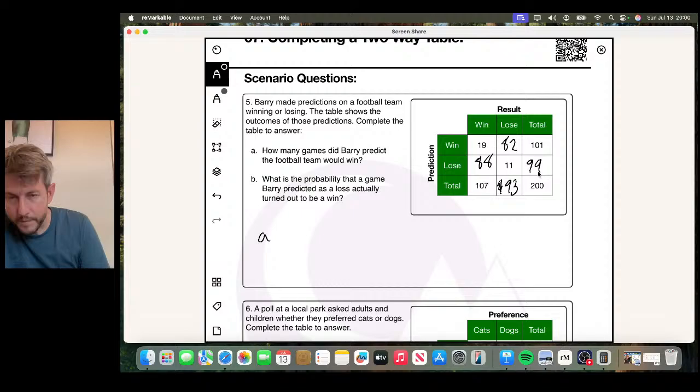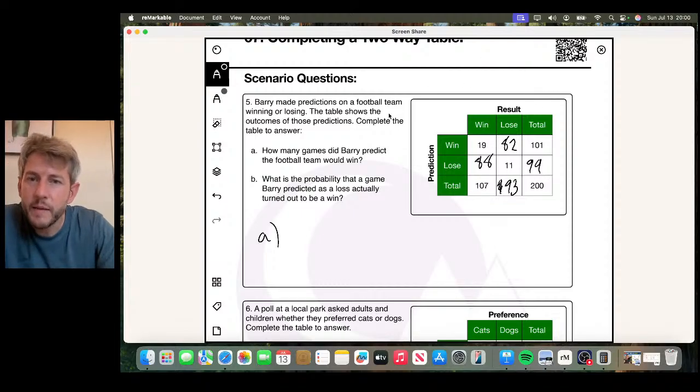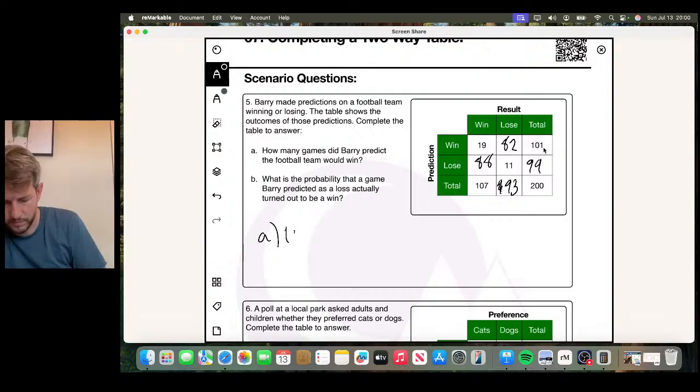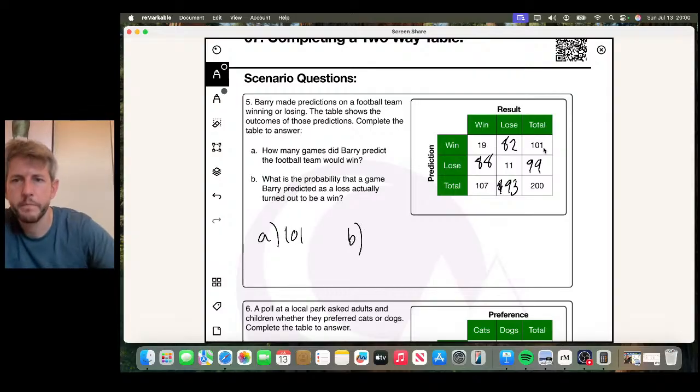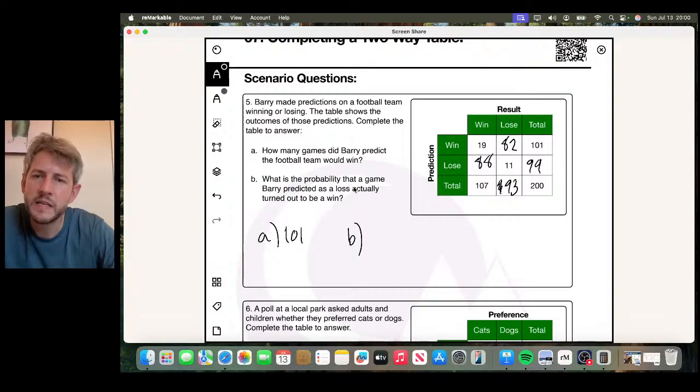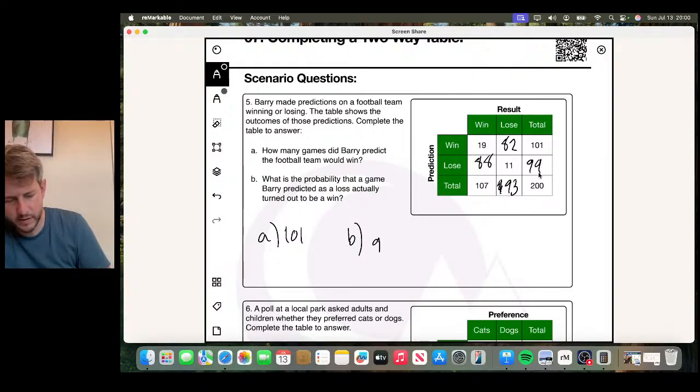Okay. A, how many games did Barry predict the football team would win? 101. B, what is the probability that a game Barry predicted as a loss would actually turn out to be a win? So he predicted 99 losses and 88 of them won.